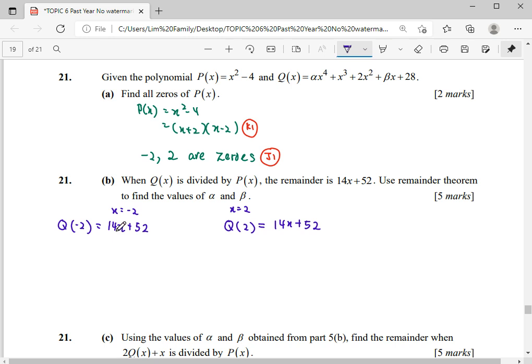After writing this theorem, we proceed with our concept. We substitute negative 2 into this qx.